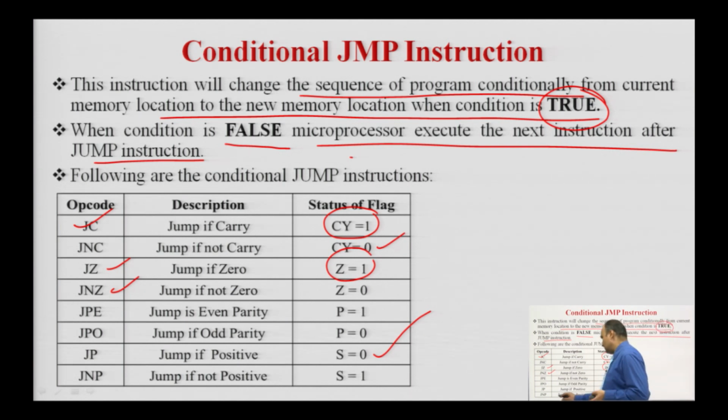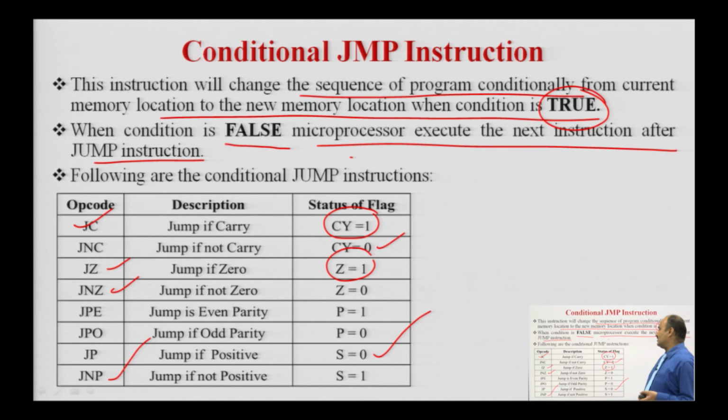Then the next instruction is JM, jump if negative, when the sign flag is set. For a negative number, the sign flag is set to indicate that the number is negative. So, when the condition is satisfied, the processor will transfer the control from the current memory location to the new memory location. The address is specified with the instruction. Otherwise, when the condition is false, the microprocessor executes the next instruction.